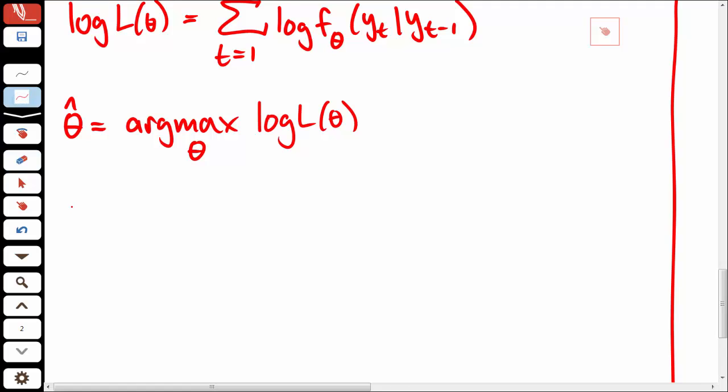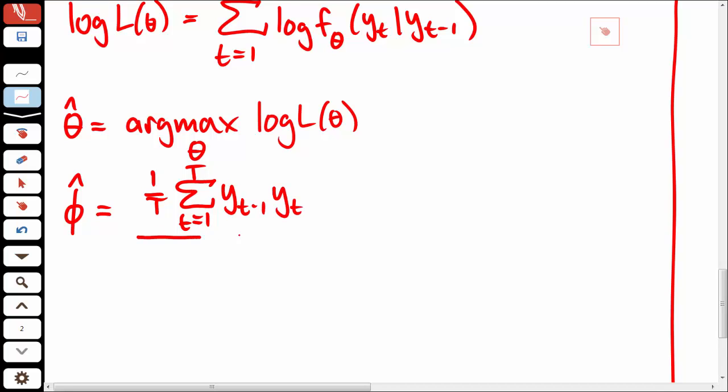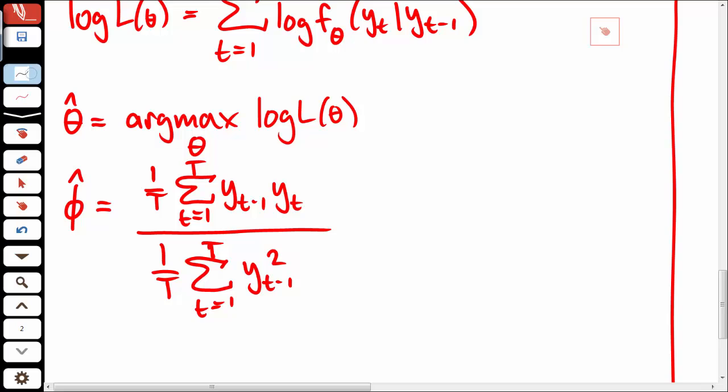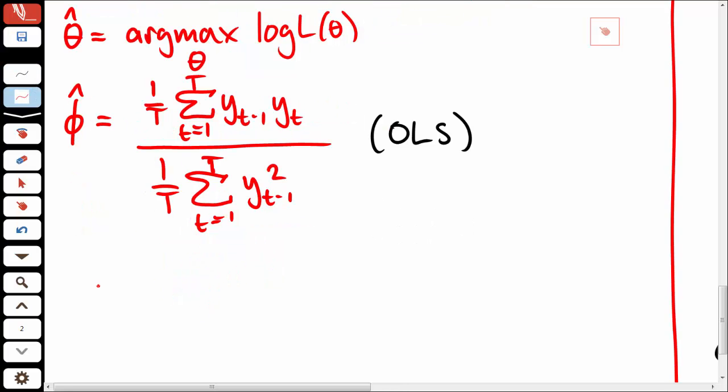In particular, it can be shown that the maximum likelihood estimator for phi is simply the average of y_{t-1} times y_t divided by the average of y_{t-1} squared. This is exactly the OLS estimator for phi.